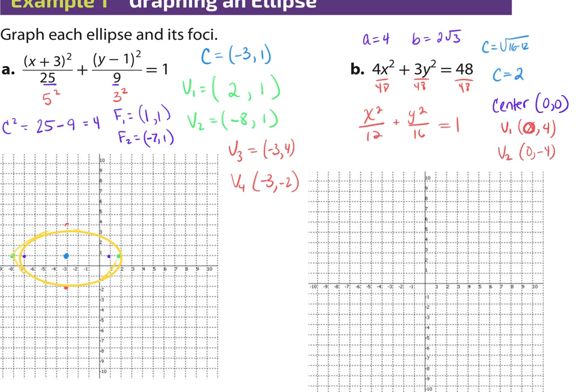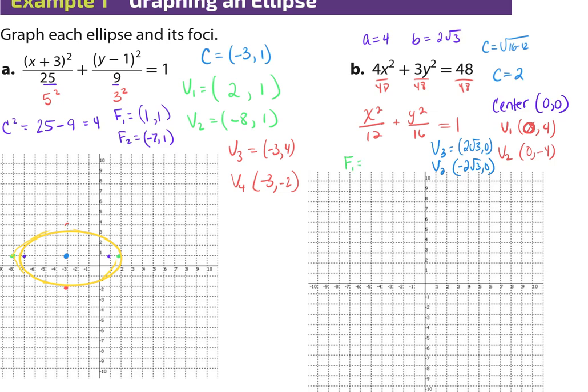For my minor, it's going to be where my y now stays the same. And my x value is going to change by my b. Running out of room here. All right, and then my foci are just going to be away from my center 2 pieces. So I have my first focus.